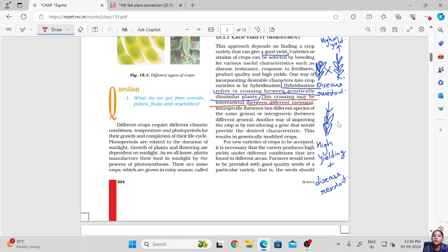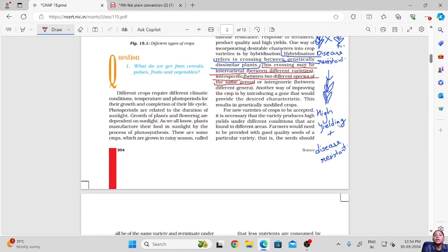Then it can be interspecific, means between two different species of plants but of the same genus. Okay, the genus has to be the same, but the species could be different and they can be crossed together. Or it could be intergeneric. Intergeneric means between different genera. So these are the three types of hybridization which could be carried out.